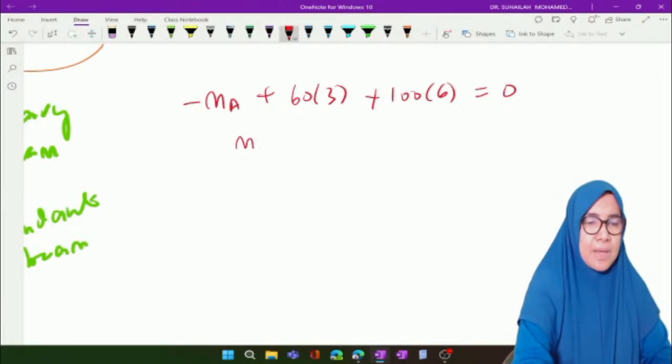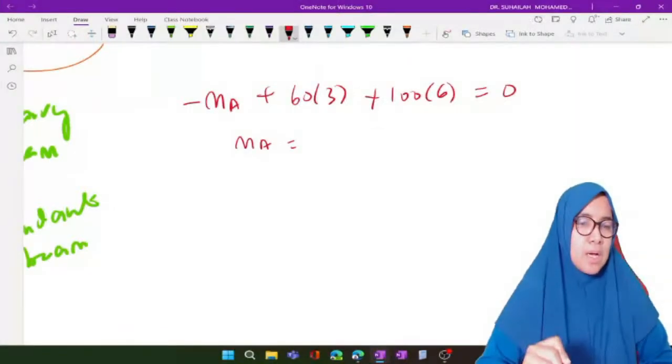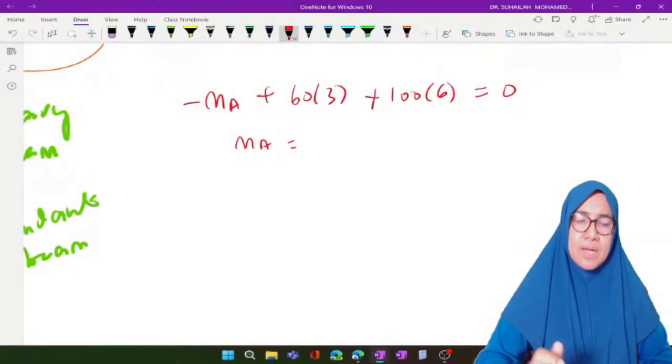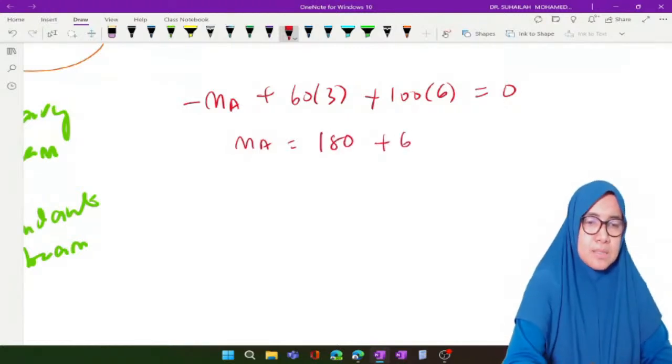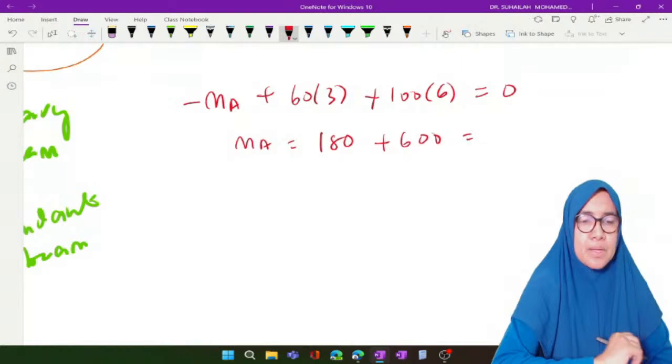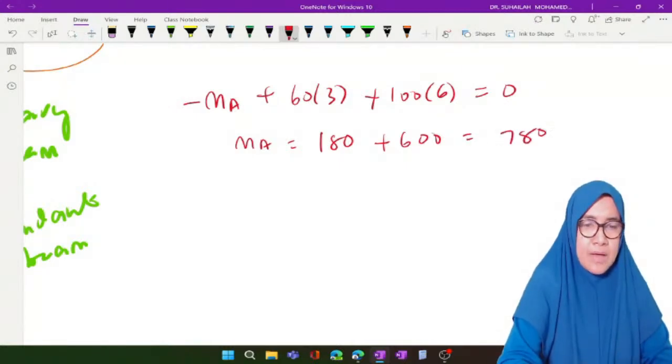Okay, so MA is equal to 60 times 3, 180, plus 600. So we get 780 kilonewton meter.